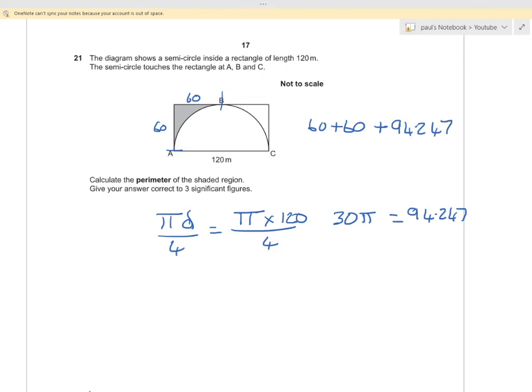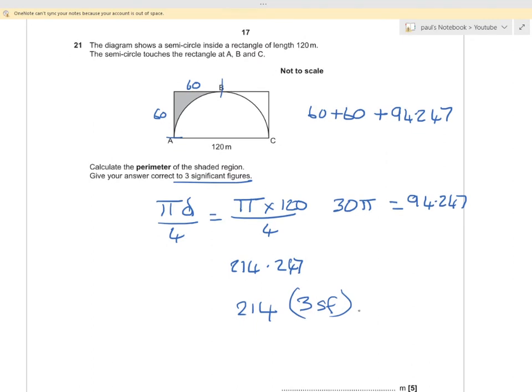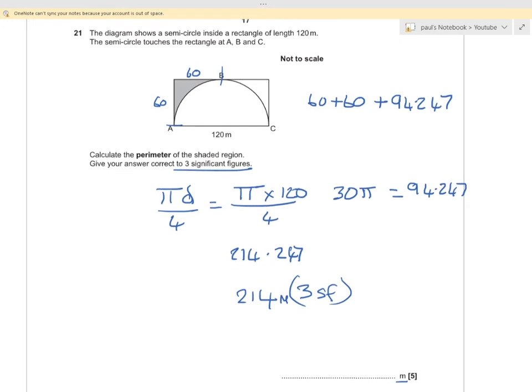This is 214.247. Give your answer to three significant figures, which is 214. And it's in meters, isn't it? Don't forget, I bet they put that down there.